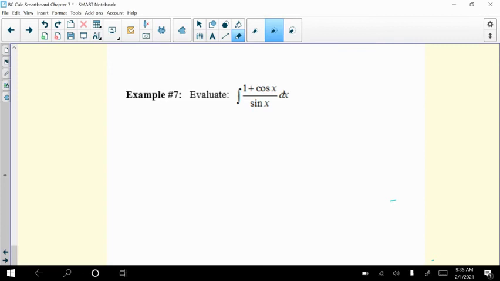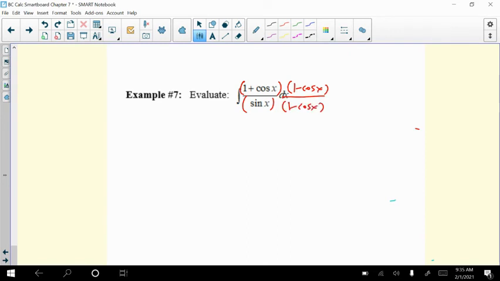There it is. And that fancy 1 is going to be a difference of squares, so 1 minus cosine x over 1 minus cosine x. And so that's going to allow, with the Pythagorean identity, the u du to line up perfectly. So a little bit of algebra, I guess.